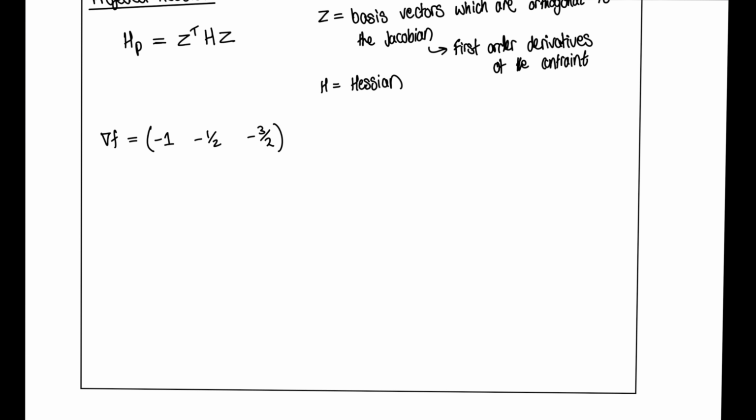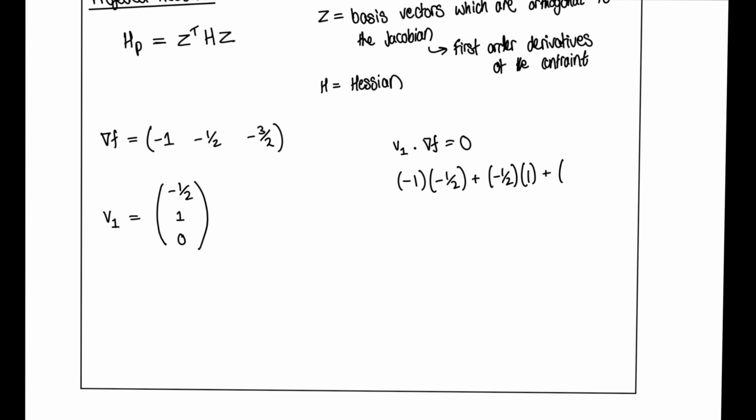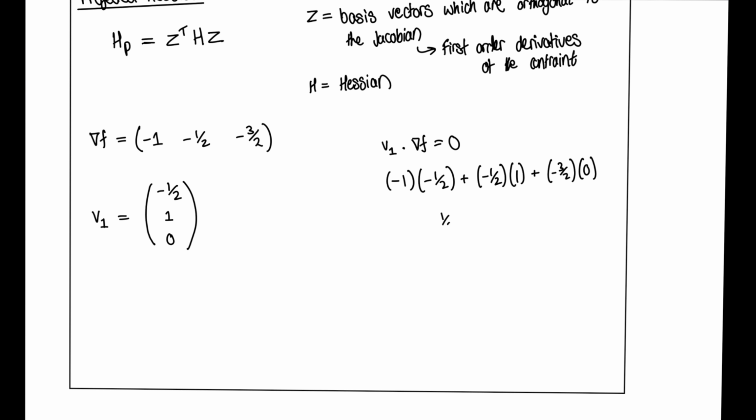So one vector that we could have is -1/2, 1, and 0. And that's because when we do that vector dotted with our gradient, we get 0, because we do -1 times -1/2 plus -1/2 times 1 plus -3/2 times 0, and we get a half minus a half plus 0, which is 0.